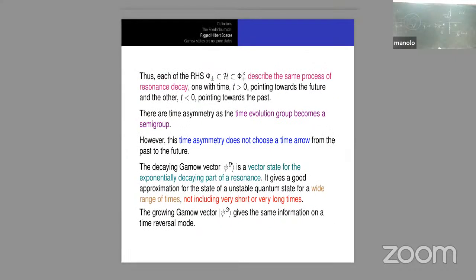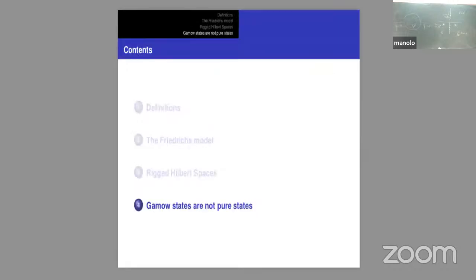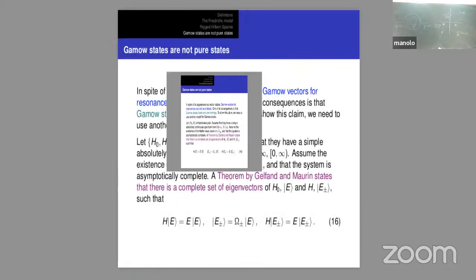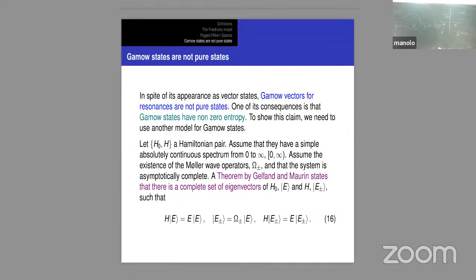It means that we can split the group of time evolution into two semigroups, one for the past and one for the future, by choosing properly these spaces, but it is not so interesting right now.